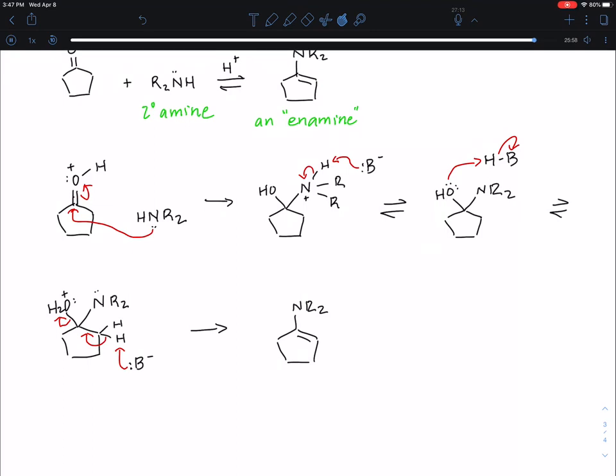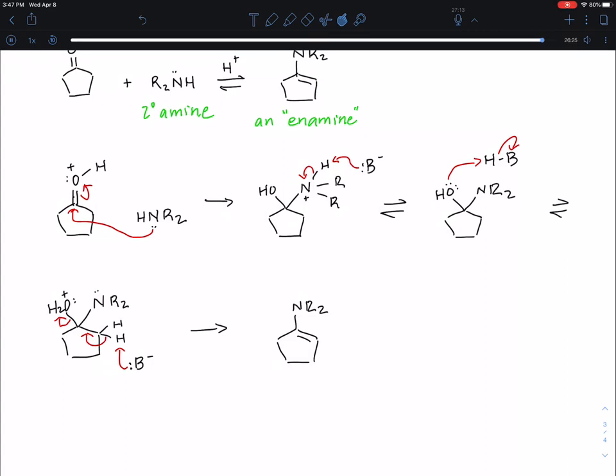So the oxime is going to be a carbon doubly bonded to a nitrogen, and that nitrogen is going to have a hydroxyl group on it. The hydrazone is going to be a carbon doubly bonded to a nitrogen, and it's going to have some sort of amino group on it, right? The semicarbazone, again, the carbon doubly bonded to the nitrogen, and then there'll be this weird sort of urea-looking thing hanging off of the other side.